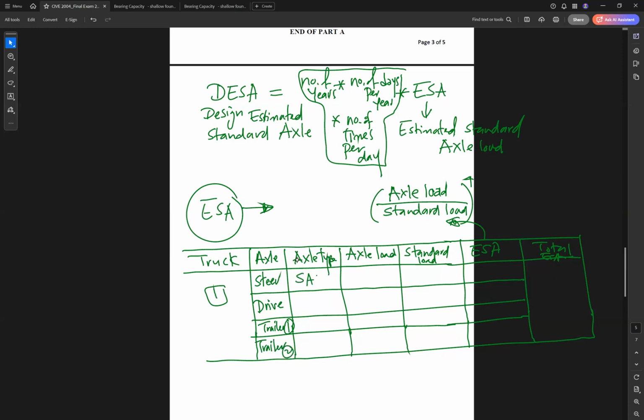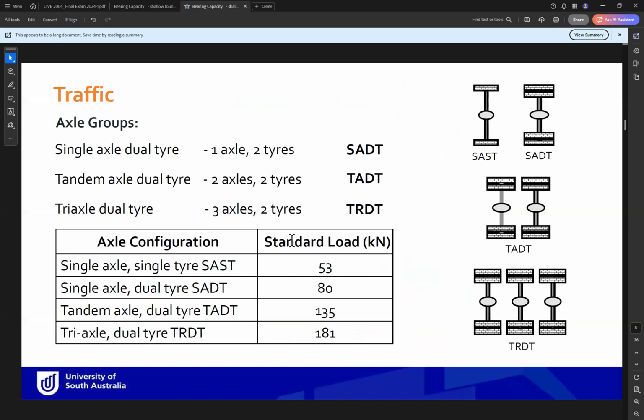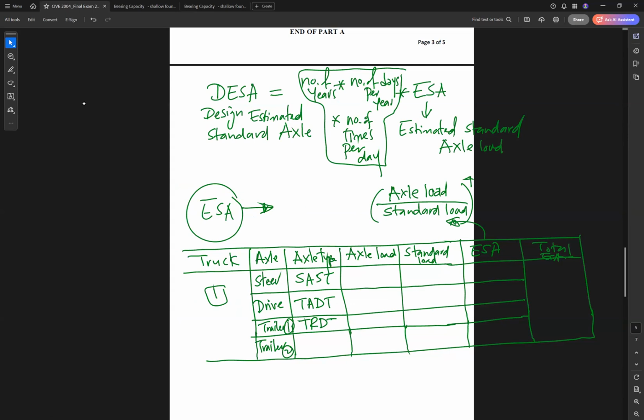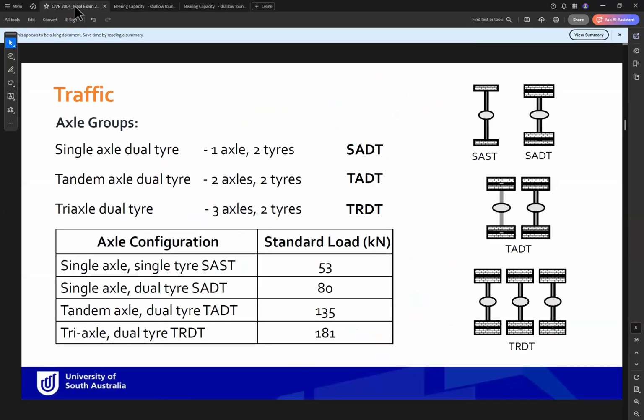The first one ST, single axle, single tire. The second one is TADT. The third one is the tri-axle, TRDT. So what is the axle load? The standard load will come from the table. Yeah, so it is 53, 135 and 181.